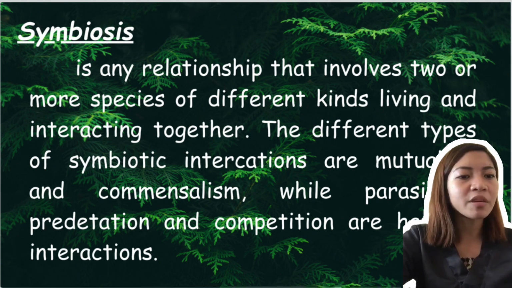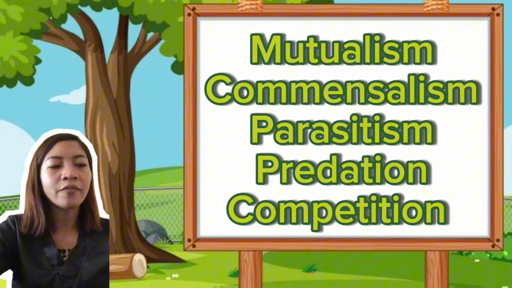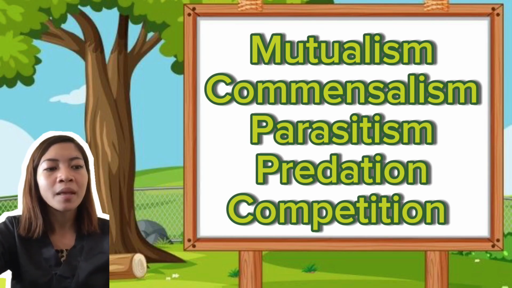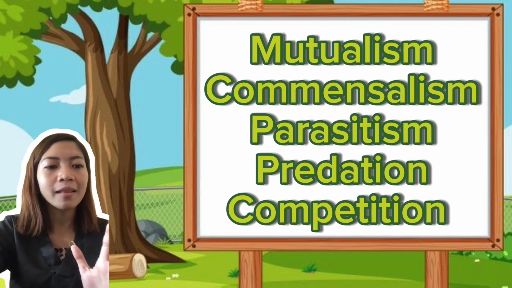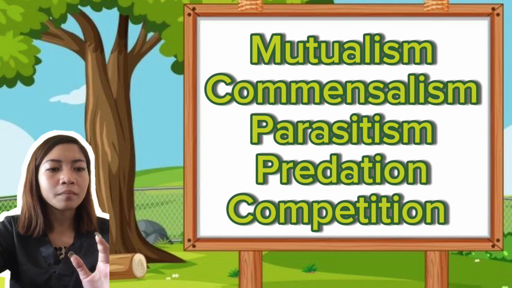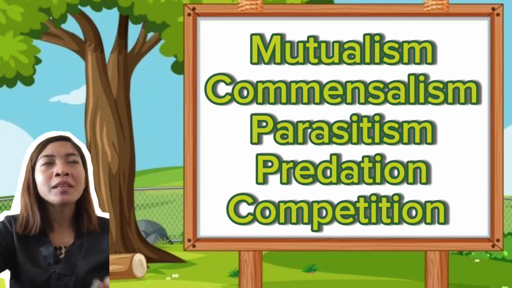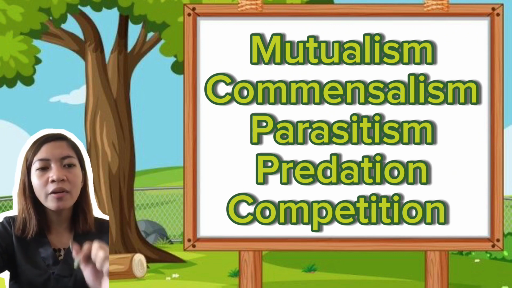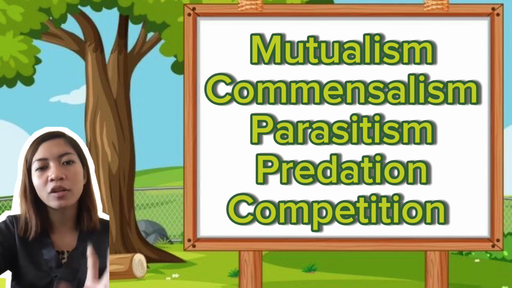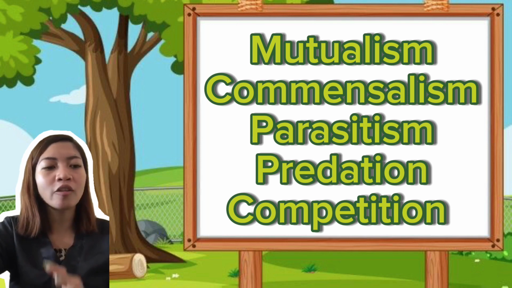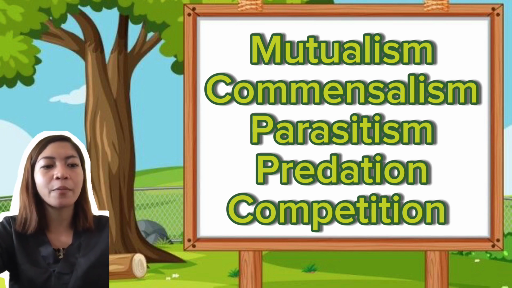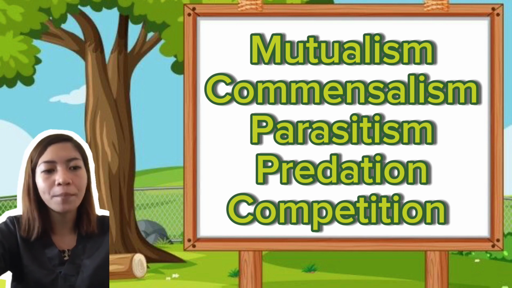So the different types of symbiotic interactions are, first, mutualism, commensalism, parasitism, predation, and competition. Yung tinatawag na beneficial interaction is yung mutualism and commensalism, while yung harmful interaction naman is called parasitism, predation, and competition.